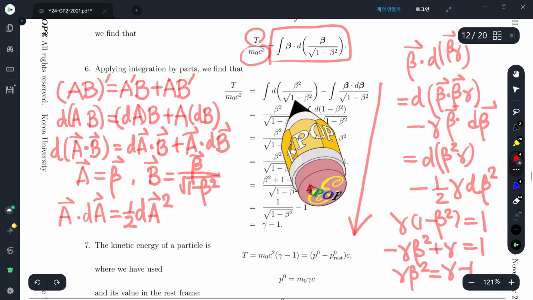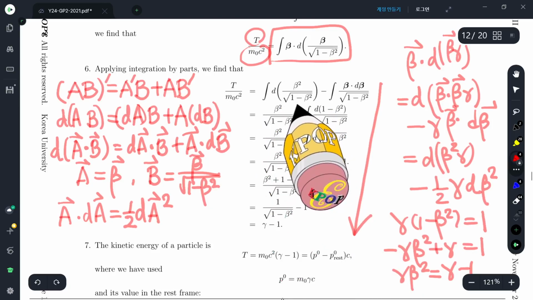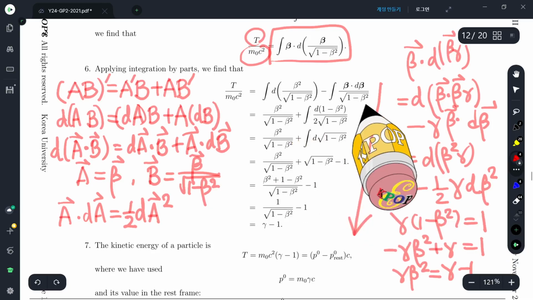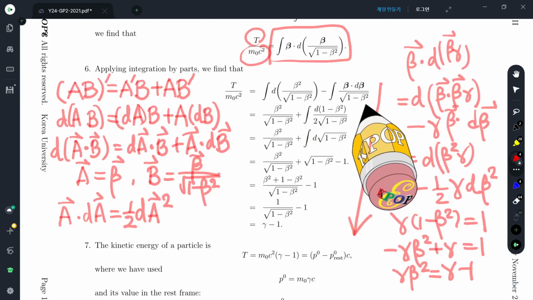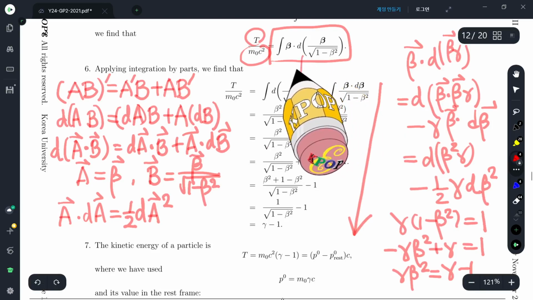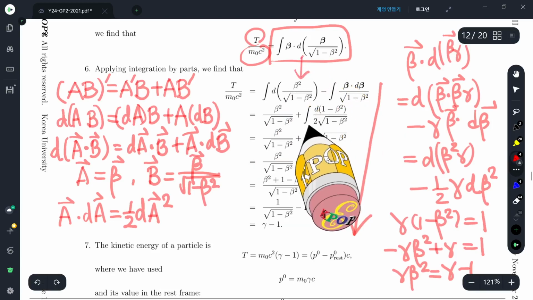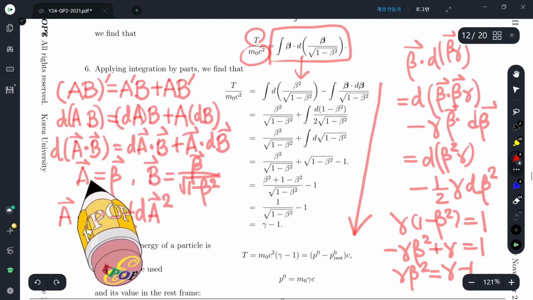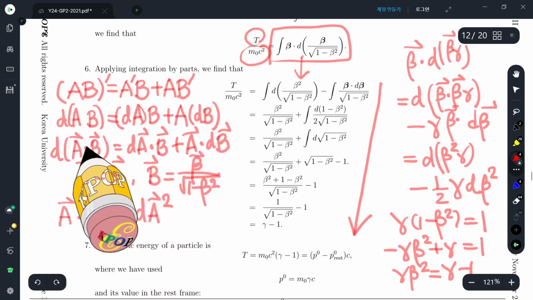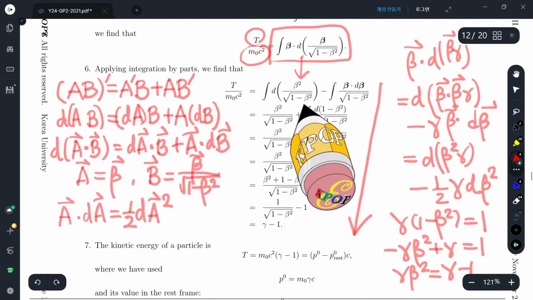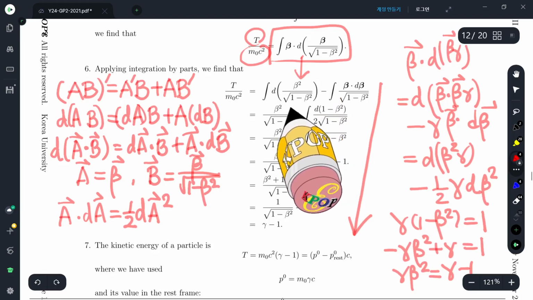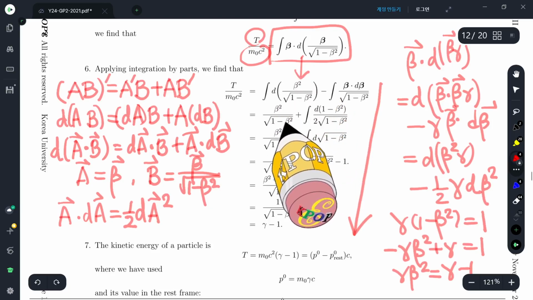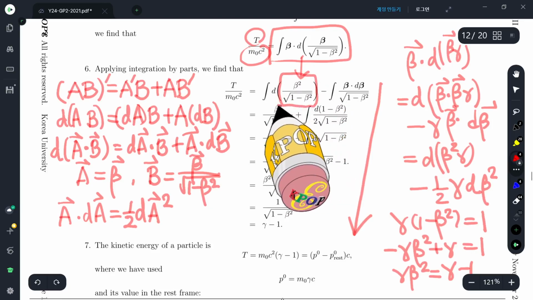Okay, let's see. This is a so-called integration by parts. So we have rewritten this integral as a difference of these two, and we have made use of this relation. And this is the total differential. So this trivial answer is just this one itself.